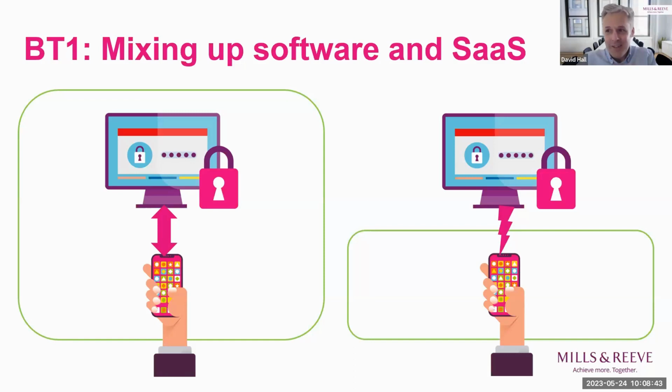So the hand holding what looks like an iPhone, I guess it could be Android or some other make, is within the corporate network. The user's device is within the corporate network. And there is a connection, the purple arrow or pink arrow, directly to the computer terminal, which signifies our server or the part of the corporate network that is running our software.